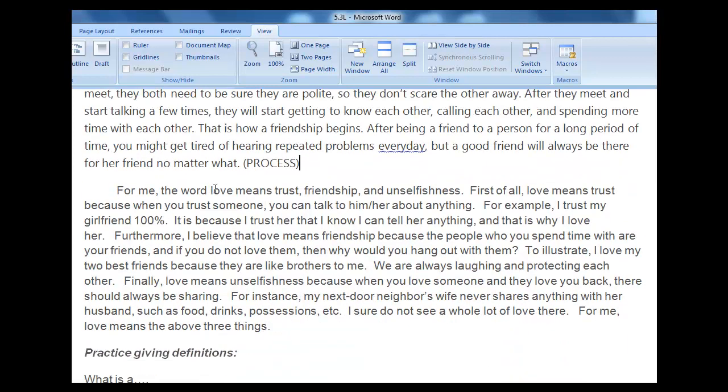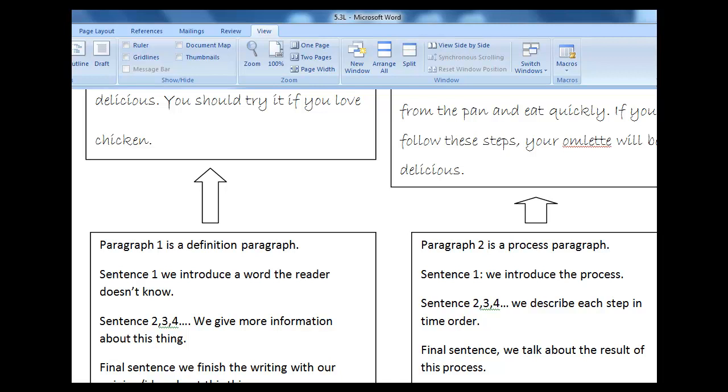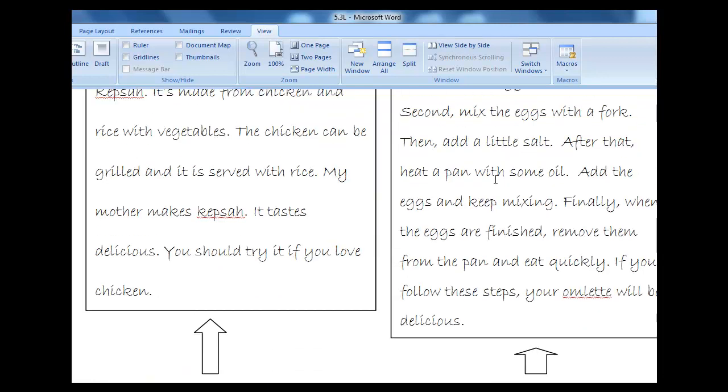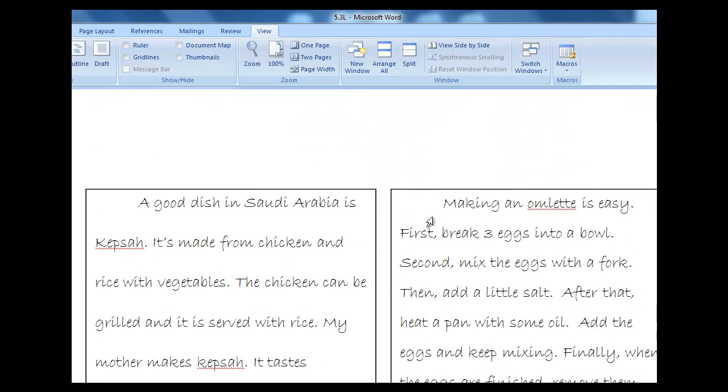This one, for me, the word love means trust. Love means trust because blah blah blah. For example, I trust my girlfriend. So we're talking about the meaning of a word. We're talking about the meaning of the word love. Here we're talking about the meaning of kebsa.